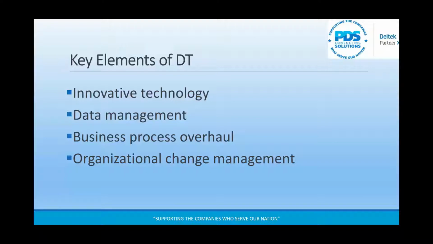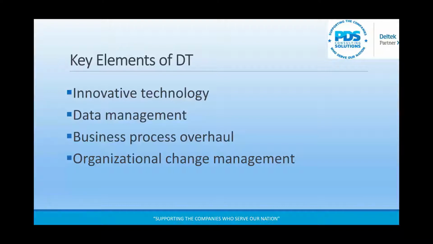Data management is the next key element: the process flow of that data, all the various systems and how they talk to each other, to make sure you're using the most current systems. Thirdly, you need to look at your business processes, which, depending on the legacy systems you're migrating from, in most cases are going to need to be overhauled.